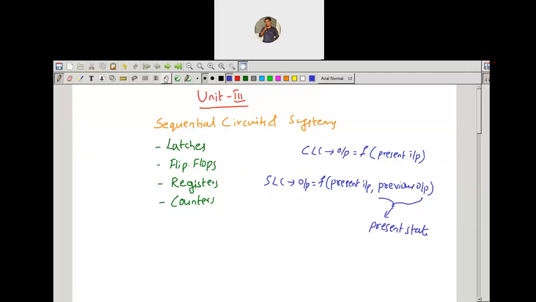In the third chapter we are going to discuss latches, flip-flops, registers and counters. So let me give you the block diagram of the sequential logic circuit, so that you'll get some idea.